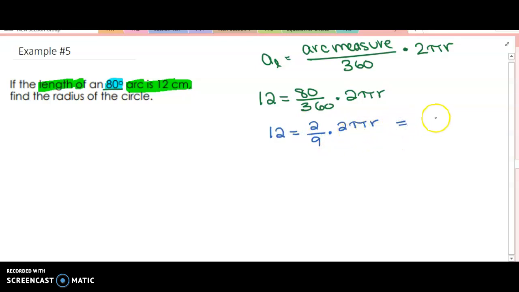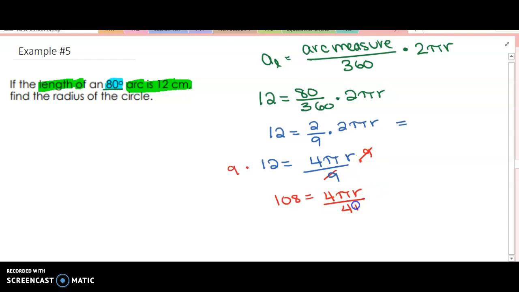And so if I multiply all these together, I get 12 equals 4 pi r over 9. Okay, let's do some algebra. Let's multiply both sides by 9 and get rid of that fraction. And I get 108 equals 4 pi r.